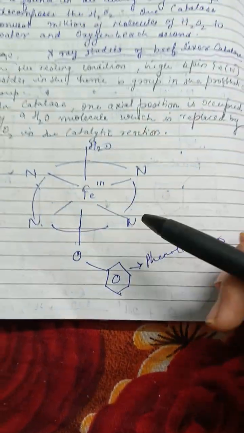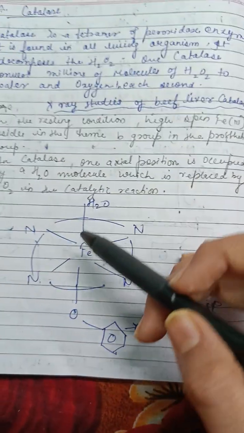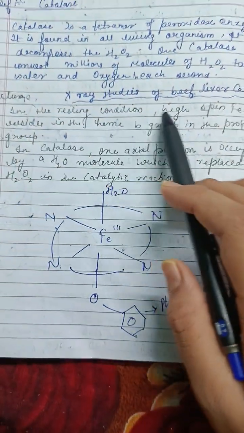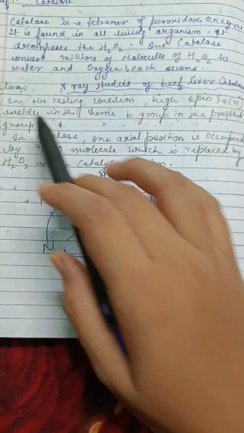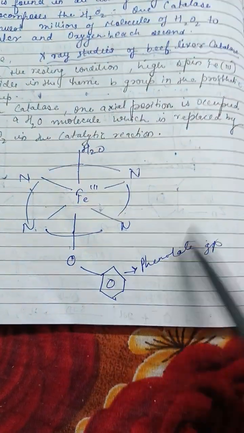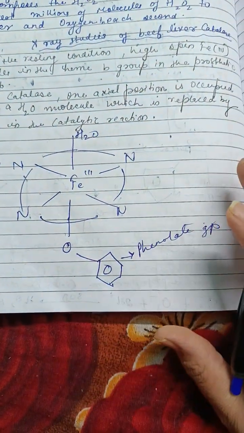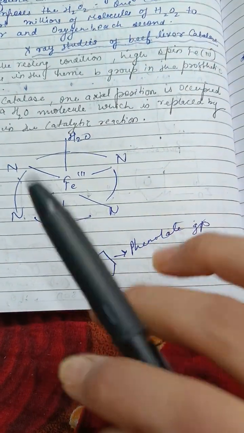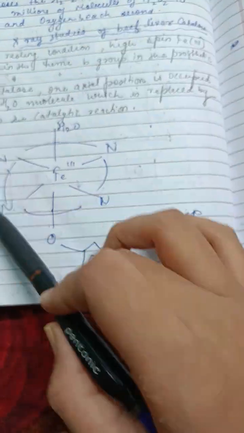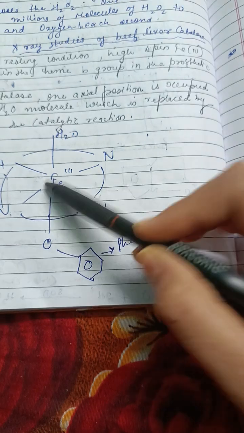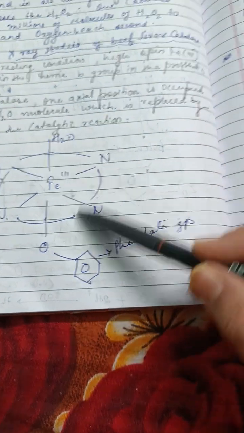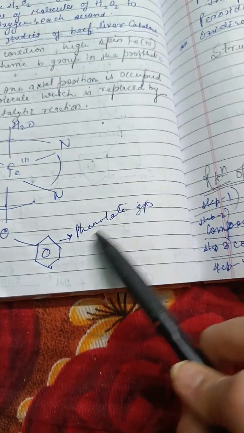If you notice the structure, in the resting condition high spin Fe3+ resides here. This is very common to you if you know the structure of the heme protein, hemoglobin. This is the 4-imidazole nitrogen. In the axial position we have an H2O molecule, and at the bottom we have the phenolate group.